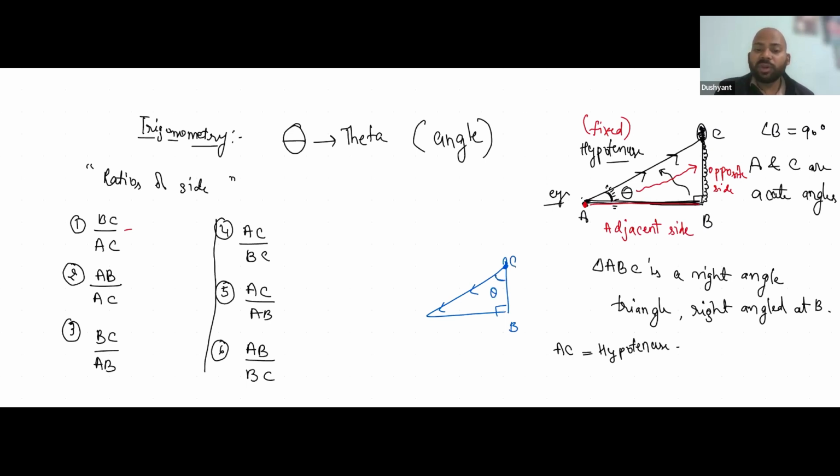This hypotenuse is going to be fixed. Why? Because this is the opposite of this right angle, correct? Now, what about the opposite side? So the angle is this one, so this is going to be my opposite side of this theta. And this is going to be my adjacent.